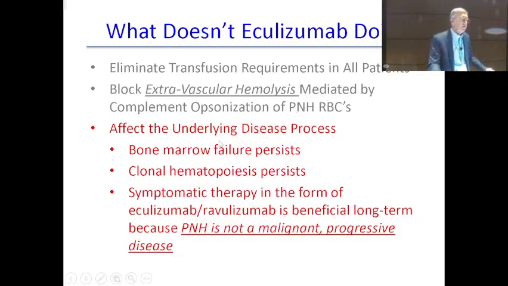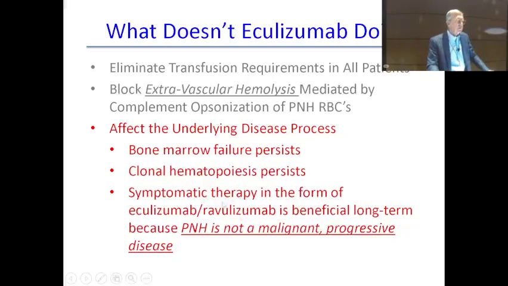And of course, here you're treating a symptom of the disease, but you're not treating the underlying process. So bone marrow failure, if it's present, will persist while being treated with anti-C5 therapy. The clonal hematopoiesis will continue.